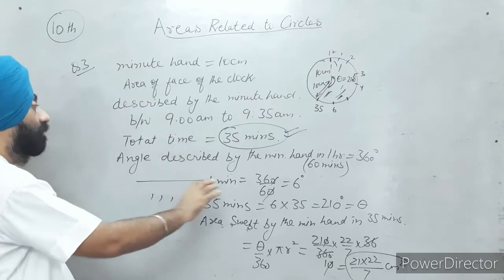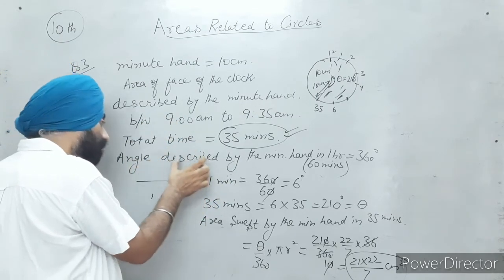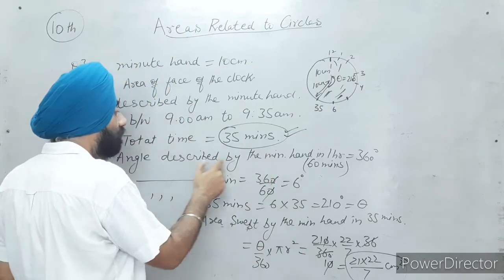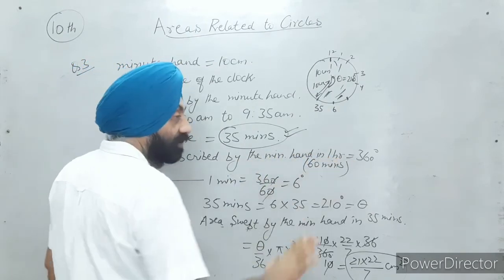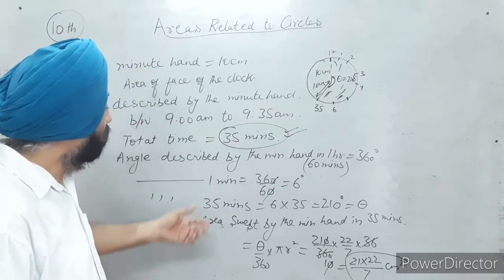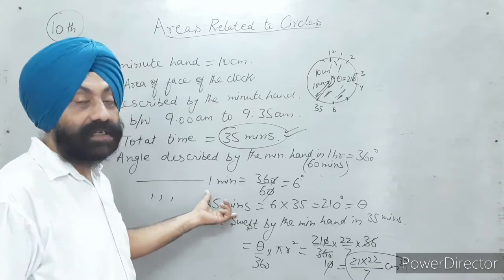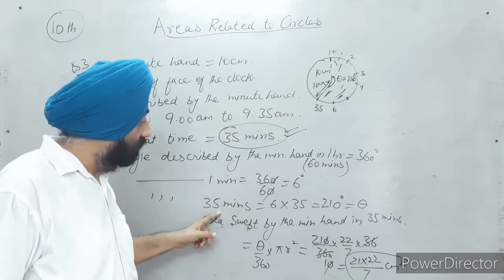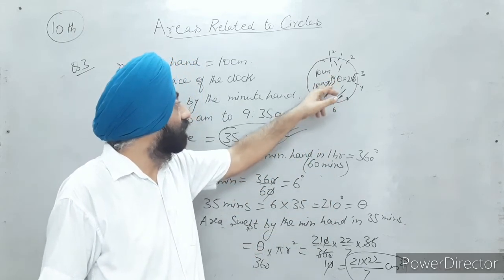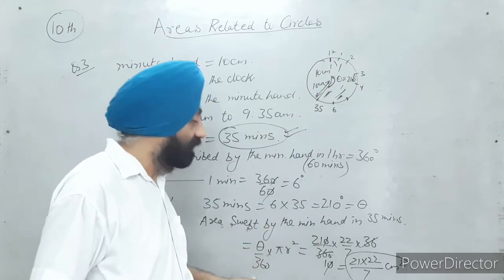Now explain it again. Angle described by the minute hand. Remember this thumb rule. Angle described by the minute hand in 1 hour is 360 degrees. 1 hour means 60 minutes. I need the angle described by the minute hand in 35 minutes. Just calculated 210. This becomes this angle theta. Now theta upon 360, I need area.